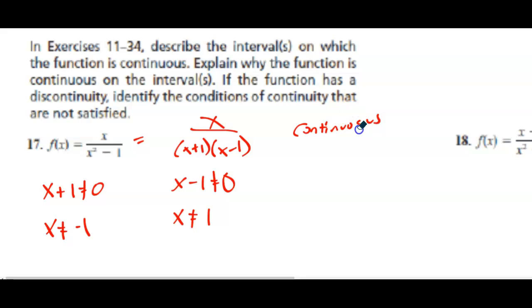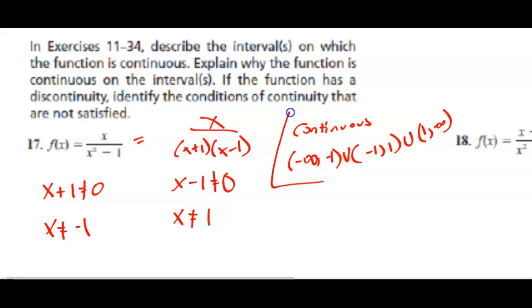Alright, there we go. It's continuous from negative infinity to negative 1, union, negative 1 to 1, union, 1 to infinity. So that's where it's continuous. And again, it's discontinuous because these are vertical asymptotes.